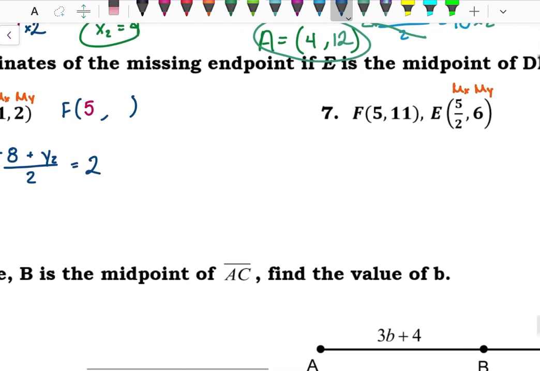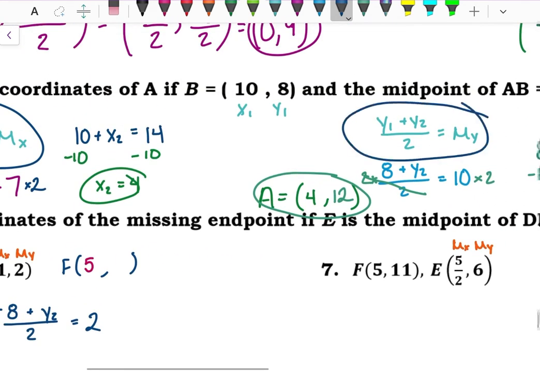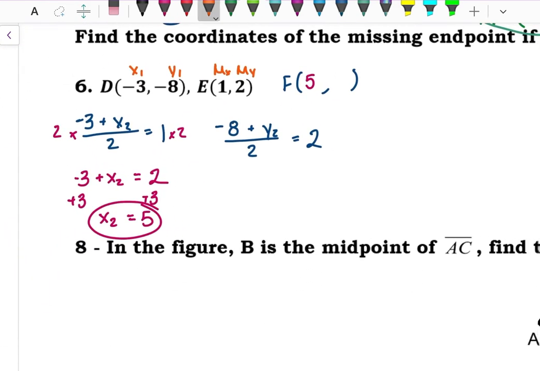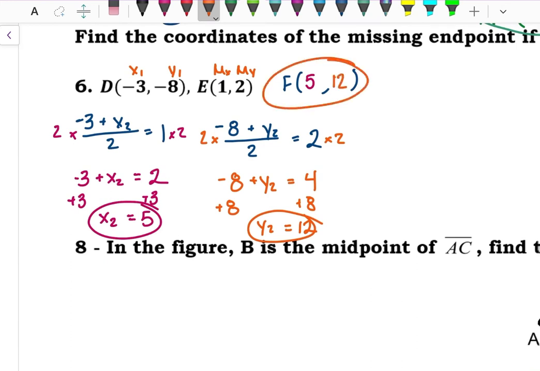Again, using this same formula. I'm going to multiply by 2 on both sides, and I get negative 8 plus y2 is equal to 4. Add 8, and I get y2 is equal to 12. So y is 12, and that's my missing point.